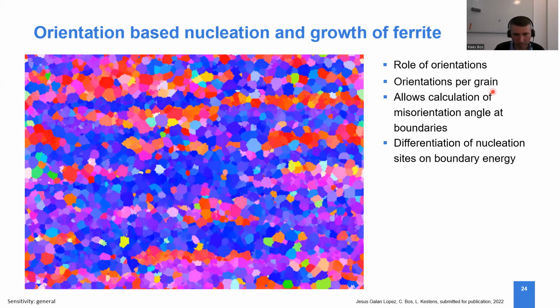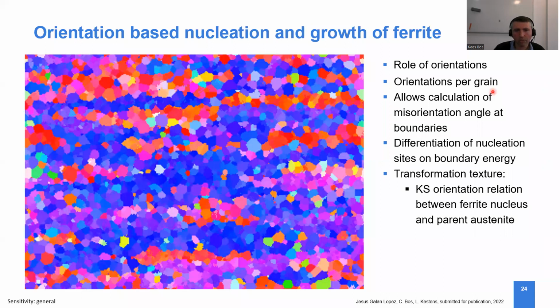So if you have austenite grain boundaries which are of low angle character, you will see that there's less nucleation there. In the end, we do have somewhat limited resolution in our CA model, so we cannot fully resolve the interface, so we are limited to this misorientation angle only. But that also is good enough to introduce selection rules for the orientation of a nucleus.